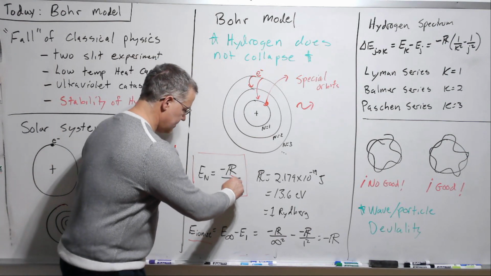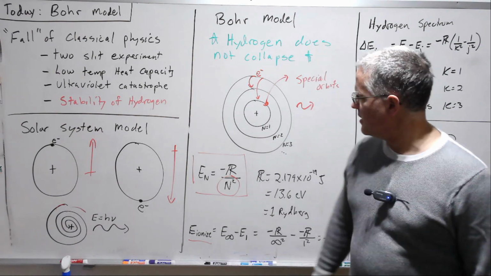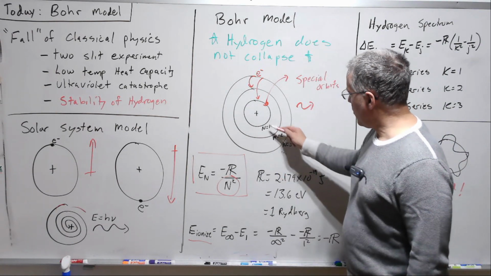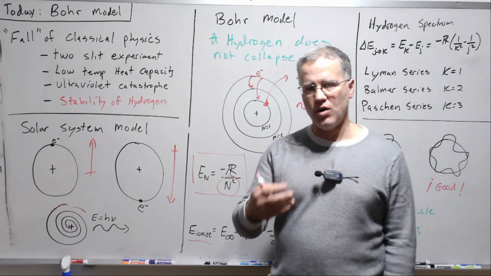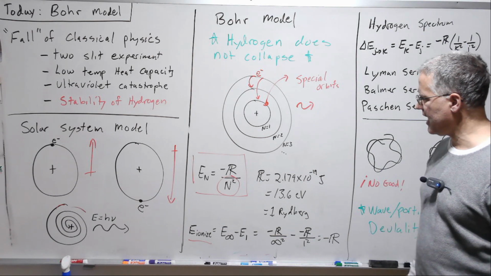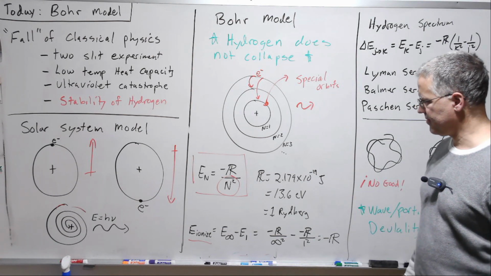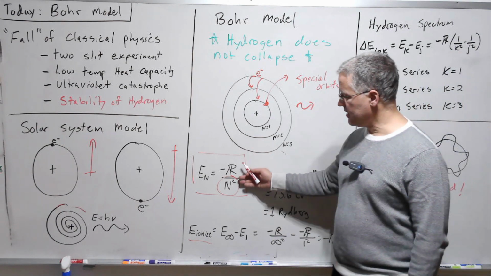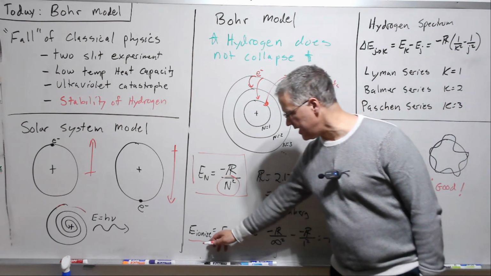And the orbit number, also called a quantum number, enters as 1 over the quantum number squared. So this very, very simple formula gives us the ability to calculate this ionization energy.